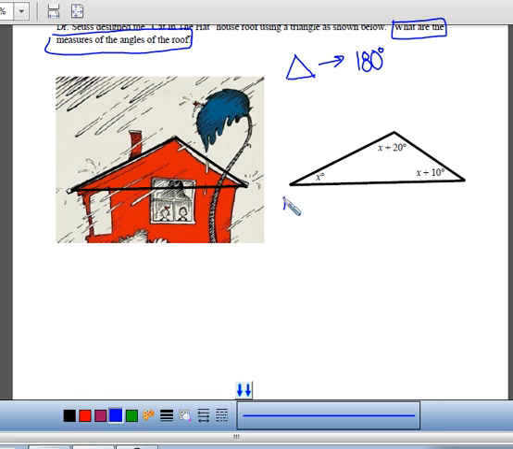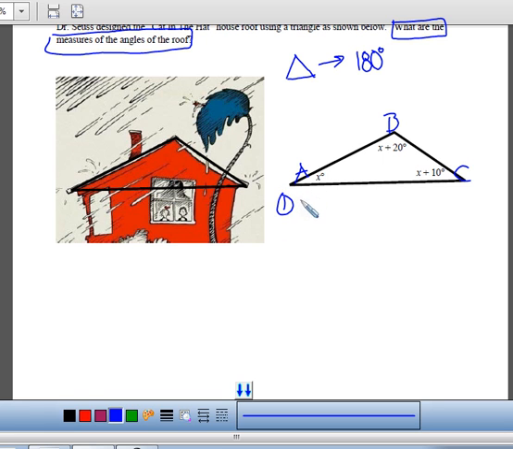So the first thing I'm going to do, the first step, is to just write down what I know and what I remember. What that is that the angles of a triangle add up to 180 degrees. So I'm going to label these angles because they're not labeled in the picture. So I've got A, B, and C. And I'm using capital letters here because they're actual vertexes.